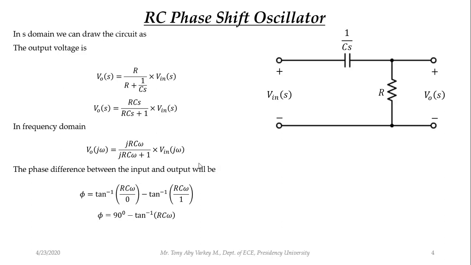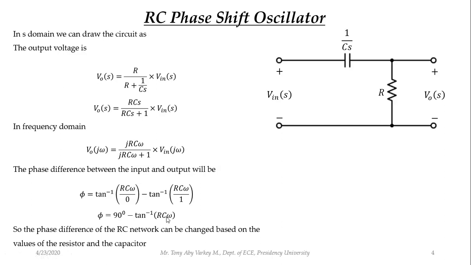Now we can see that based on the values of R and C, we can get whatever phase shift we want between the input and the output, by properly choosing the values of R and C. So the phase difference can be made 60 degrees, 45 degrees, that is your choice. If one RC network is producing 60 degrees, then two RC networks will produce 120 degrees.